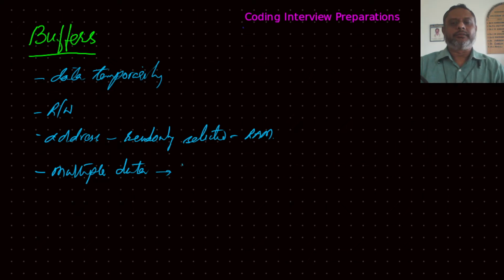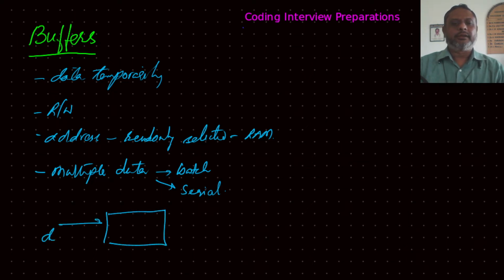So one option would be the data may be coming in serial form. And when the data is coming in serial form and that data is later used in serial form, we have a special way of working with this.